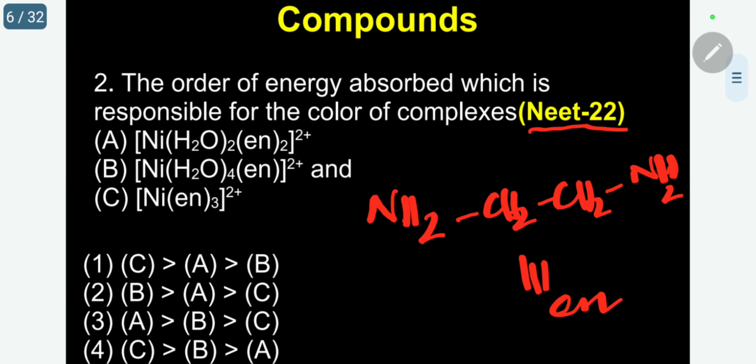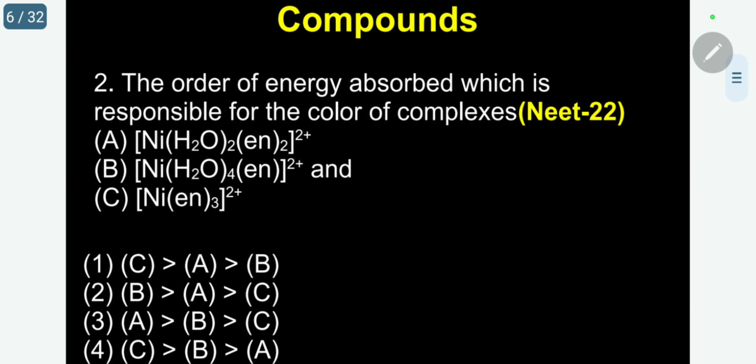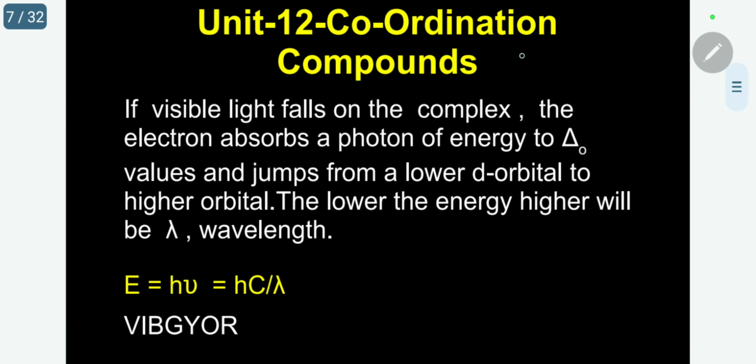Kindly follow. In this case, we must know the relationship between energy and lambda. If visible light falls on the complex, the electron absorbs a photon of energy equal to delta 0, the crystal field energy value, and jumps from a lower d orbital to a higher d orbital.